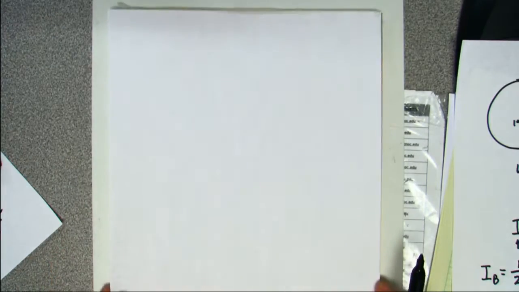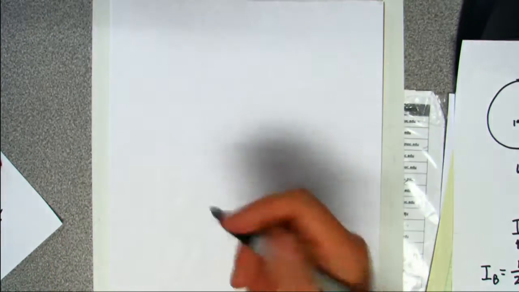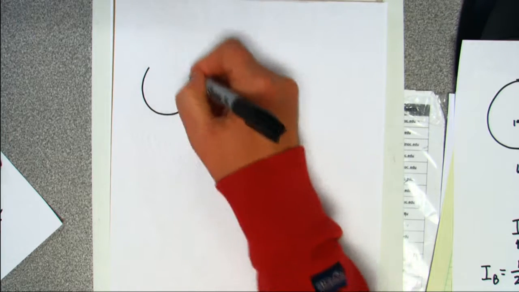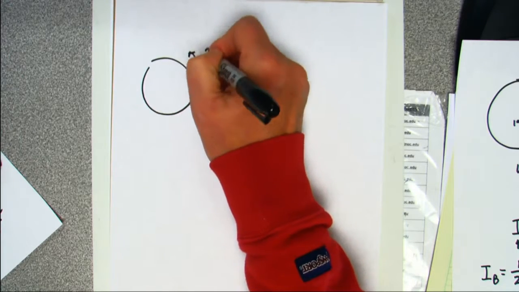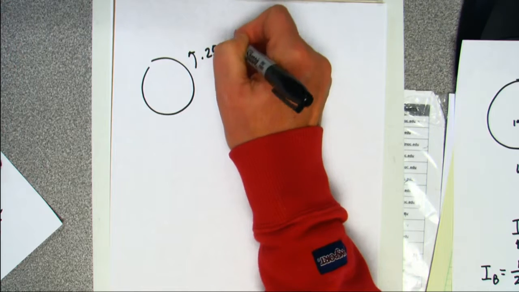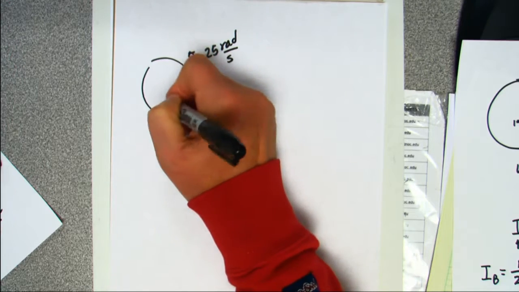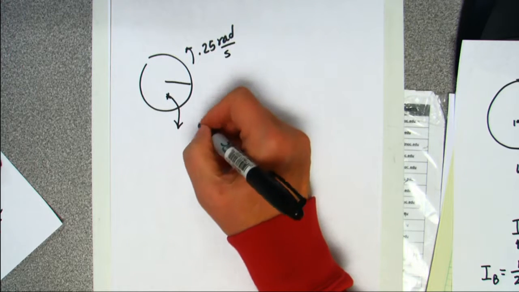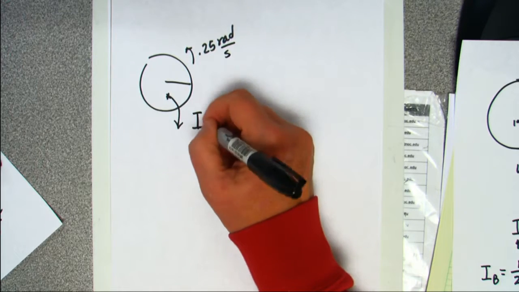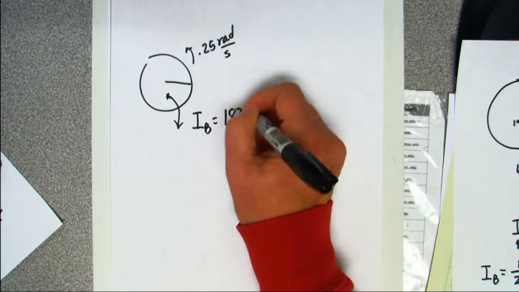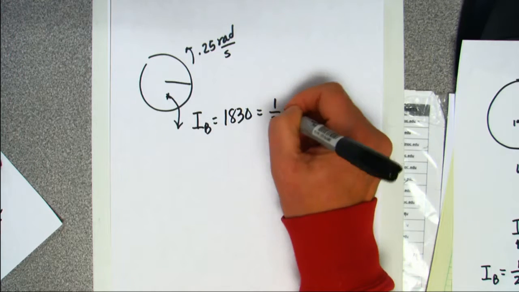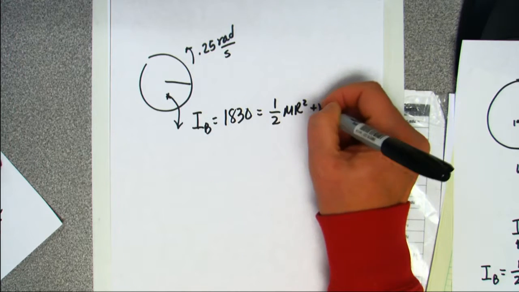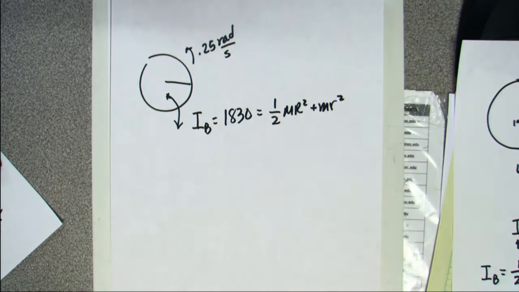When we do that, we get the difference. That looks like this. If the merry-go-round is going at 0.25 radians per second, and this comes off, so we had calculated that I before is going to be the 1,830, which is equal to 1/2 mr squared plus the mass of the kid, wherever the kid is sitting.